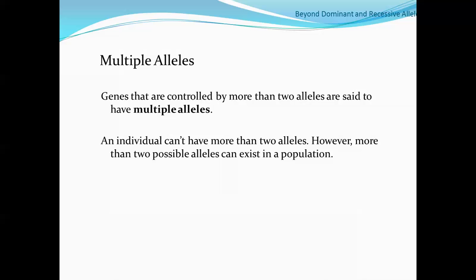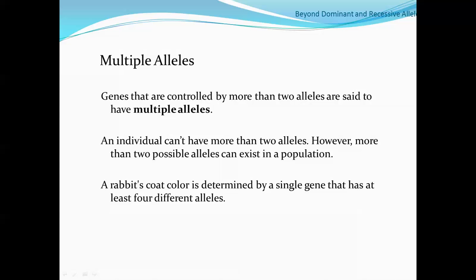However, more than two possible alleles can exist in a population. What that means is that I may have two separate alleles for one gene, but you might have two completely different alleles on the same gene. Between individuals the alleles can change, but within one person there will always be two alleles.